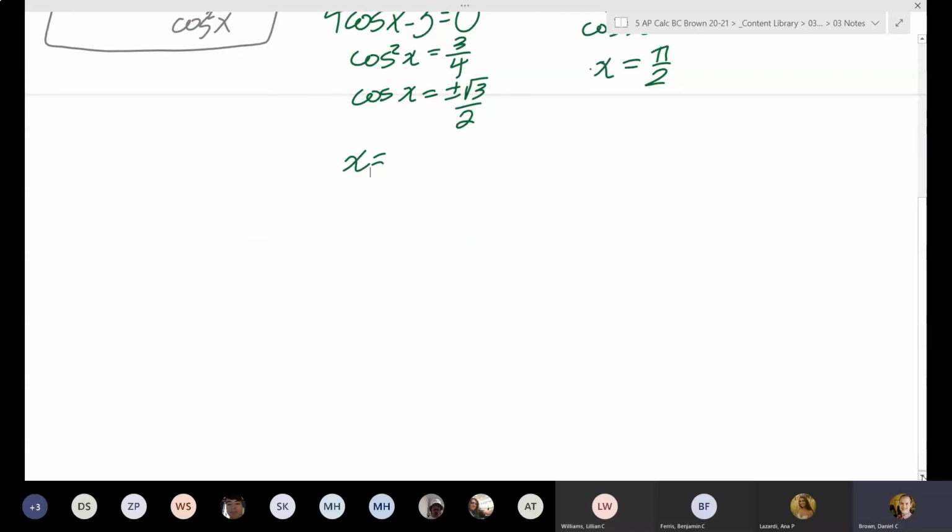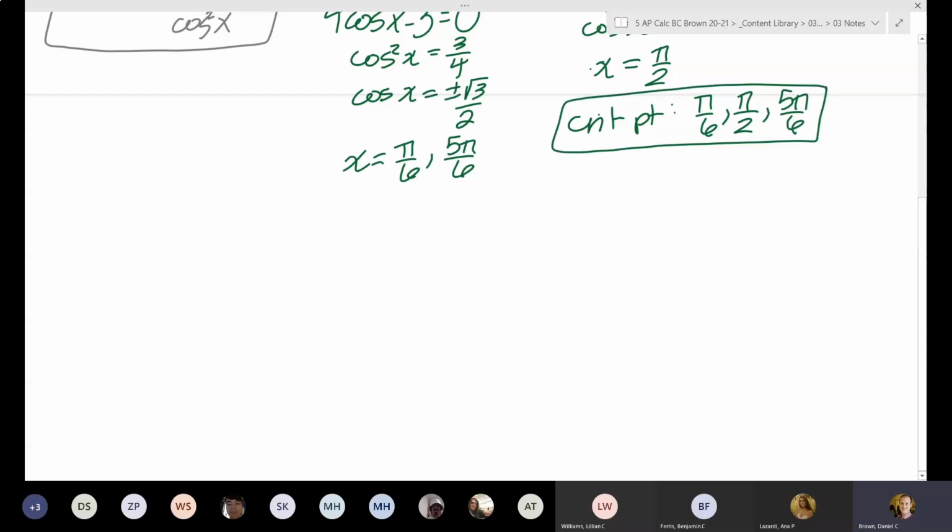That can be occurring at pi over 6 or at 5 pi over 6. So to remind you of what we have found, there are 3 critical points on the interval from 0 to pi. I like putting them in order, so we had one at pi over 6, the next one was at pi over 2, and then the next one was at 5 pi over 6.